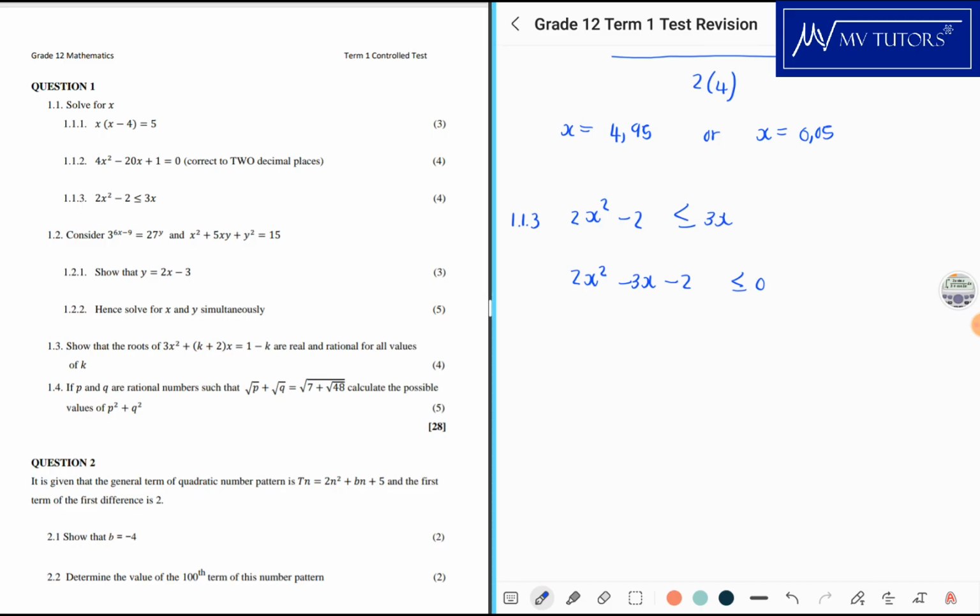So even here, I can use the quadratic formula, or I can factorize. It's really up to you, what is the simplest. Okay, so I'm just going to go ahead and use the quadratic formula.